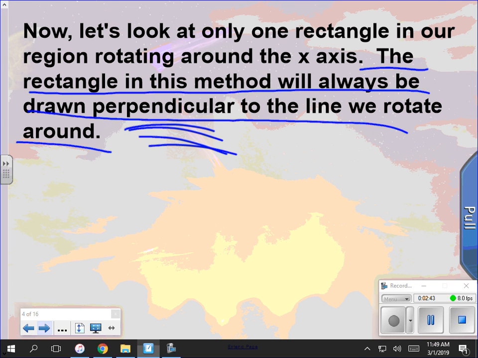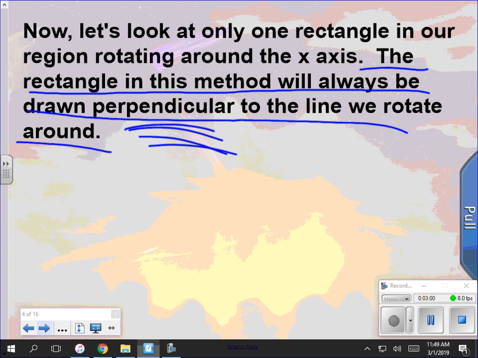What rectangle is it referring to? That's where you'll see in the next picture. But one of the important things is the rectangle we're going to draw, the object we're rotating around, is always perpendicular to the x-axis. Always. Or perpendicular to the axis of rotation.